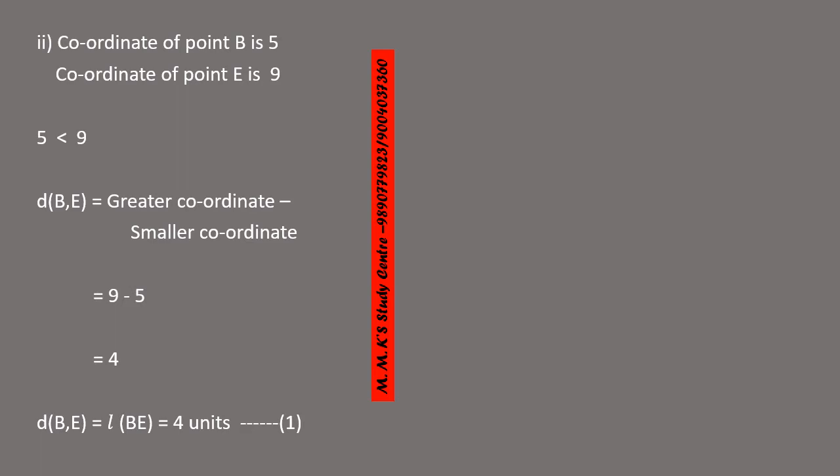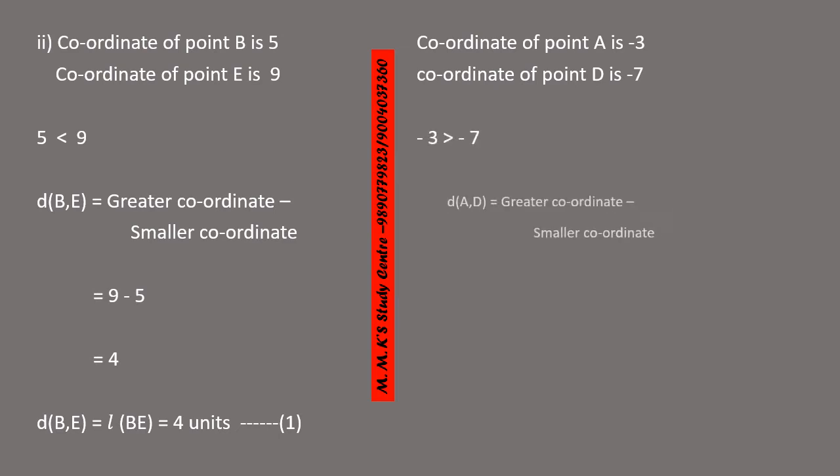Equation 1. Similarly, we'll find out the AD. So coordinate of point A is minus 3, coordinate of point D is minus 7. So here minus 3 is greater than minus 7. So we'll use our regular formula. Minus 3 minus minus 7.